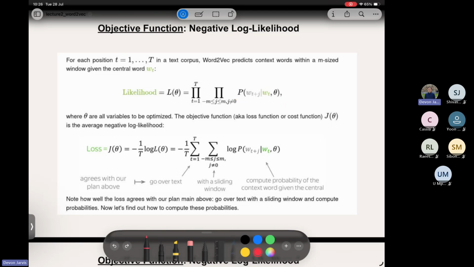Okay, does anyone want to remind me what the difference is between probability and likelihood? Fair. In terms of this notation.